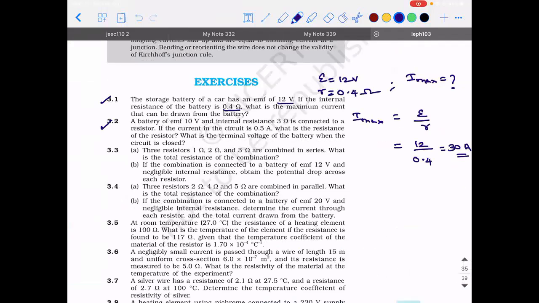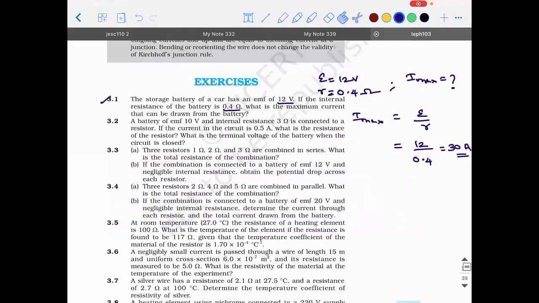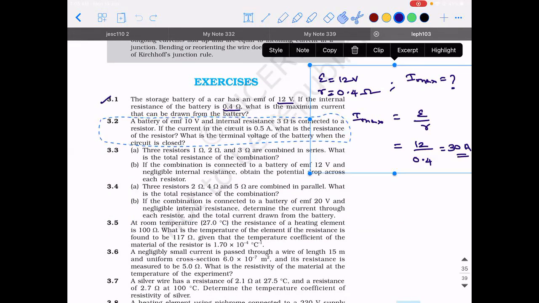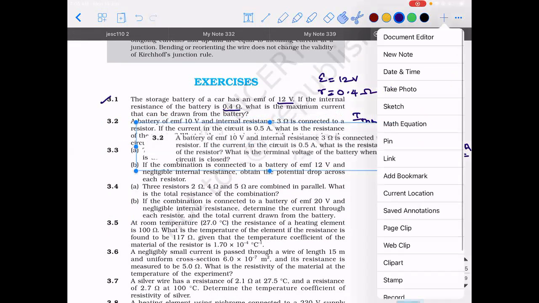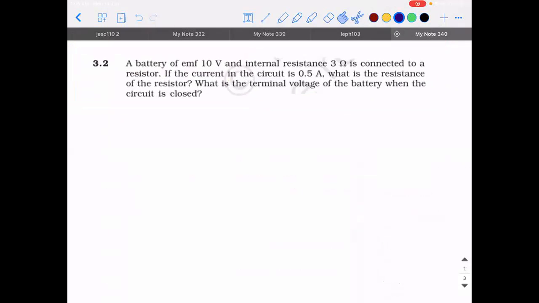Second. So there is a battery of EMF 10 volt and internal resistance 3 ohm that is connected to a resistor.